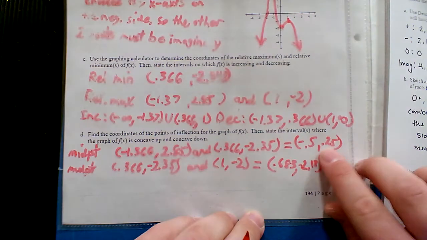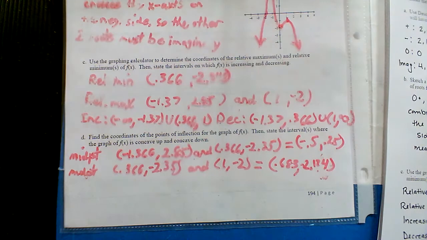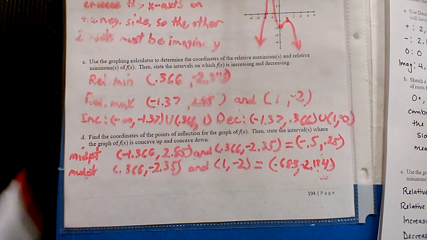Yeah, 0.683 and then negative 2.174. Negative 2.174. Now we're almost done.